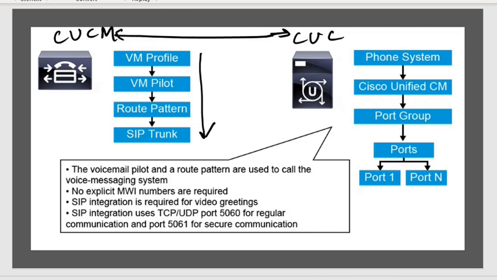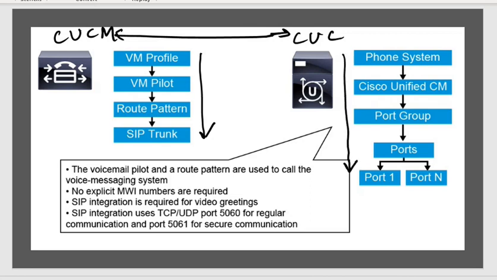And I know the route pattern, but what's the voicemail pilot? You have to create a number through which you integrate with the CUCM, and that number will direct towards the CUC. So it's like you're giving a DN number to reach CUC. Okay. Same way on CUC, we have to do configuration in this order.